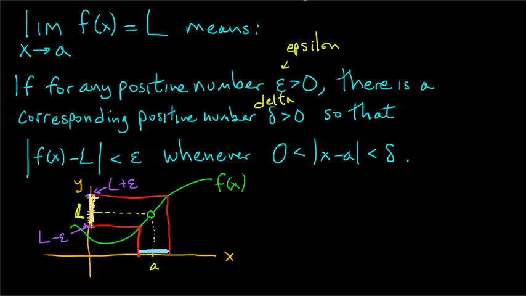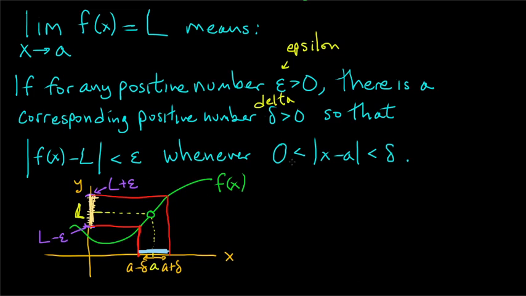So I just need to pick a delta, so that my distance from A, A plus delta and A minus delta, if my x is within that band, that's going to guarantee that my f of x is not too far away from L, is within a distance of epsilon from L. So that's the idea of this definition.